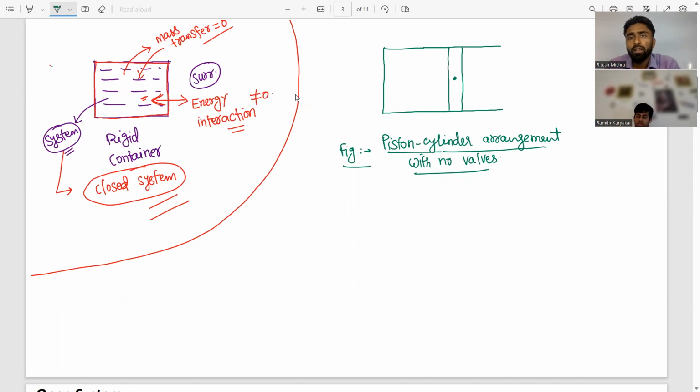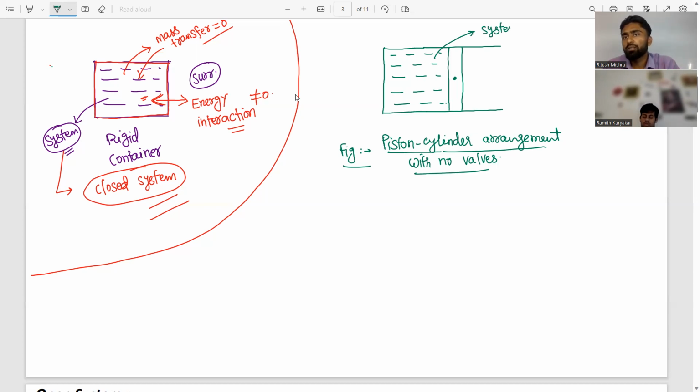So when a working substance is present here, let us assume this system is at temperature higher than the surrounding. This is your surrounding.